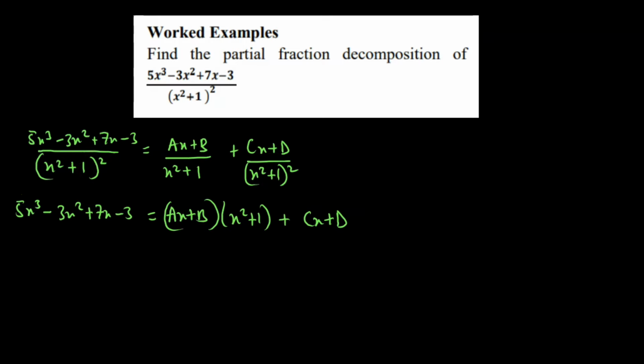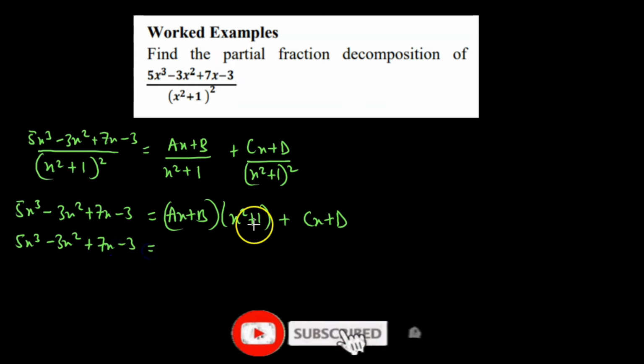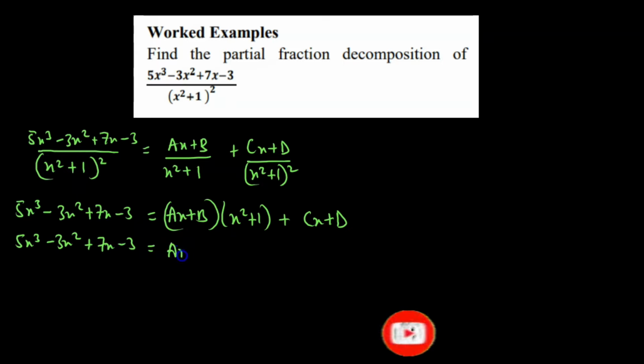Okay, so going further, we have our 5x cubed minus 3x squared plus 7x minus 3 all equal to, expanding, ax cubed plus ax, because ax multiplying x squared will give me ax cubed, ax multiplying 1 will give me ax, plus bx squared plus b, then plus cx plus d.